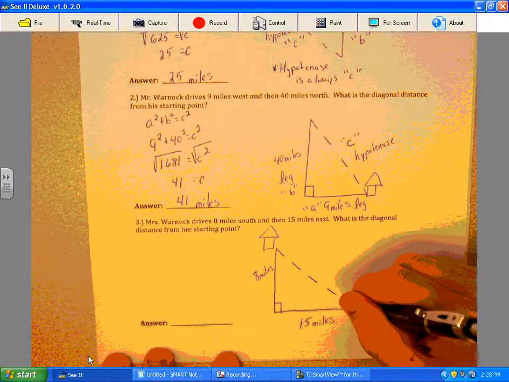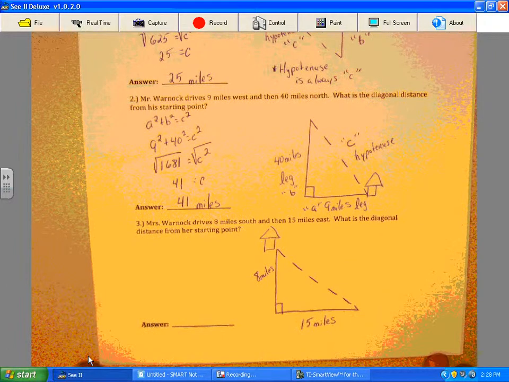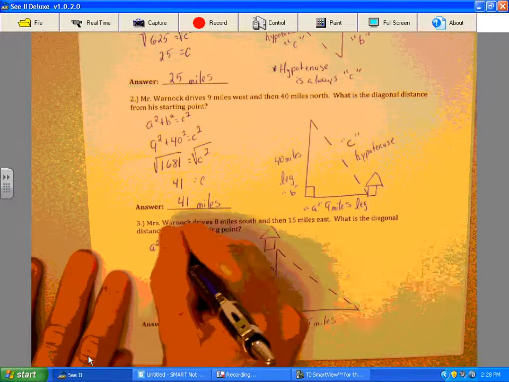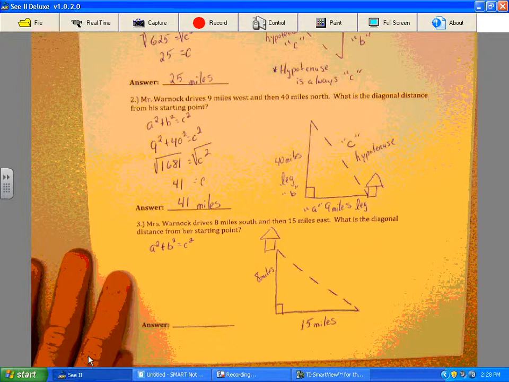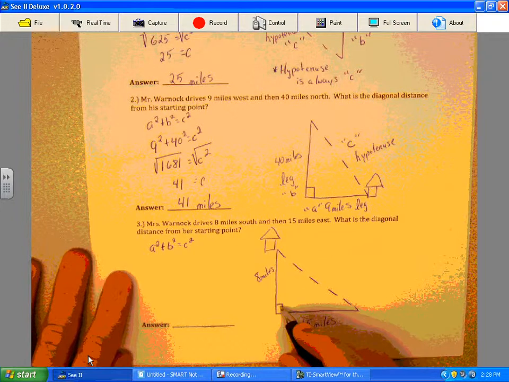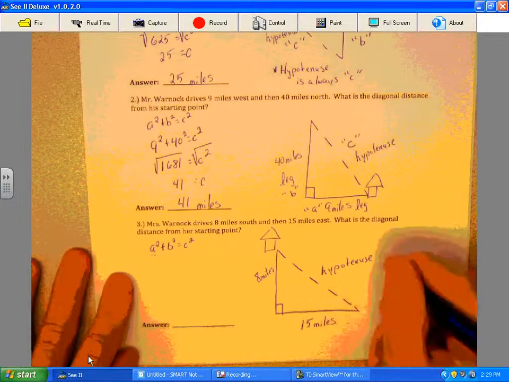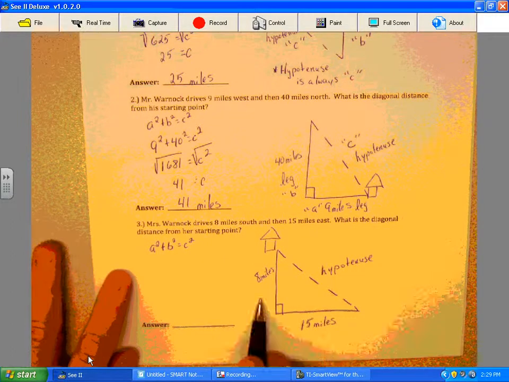So once again, we're going to use the Pythagorean theorem. a squared plus b squared equals c squared. We're trying to find the side opposite the right angle, so that's going to be the hypotenuse. Remember, the other two sides of a right triangle, we call those legs.